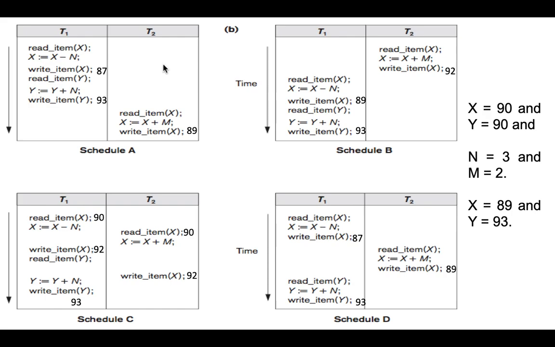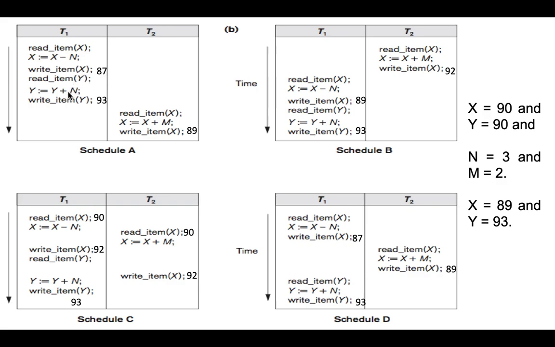And for our example, we have taken some values: x is 90, y is also 90. So keep that in mind. X and y are 90. Capital N is 3, capital M is 2. So if you execute the serial schedule, x is 90, if we reduce n, that is 3, from that and write item x, we get x as 87.